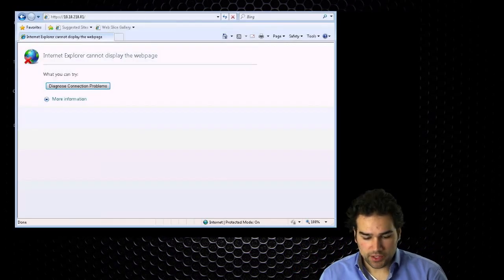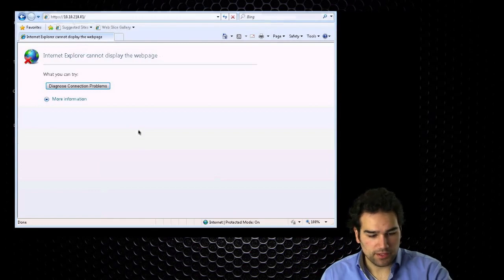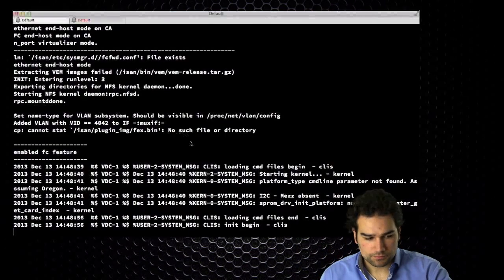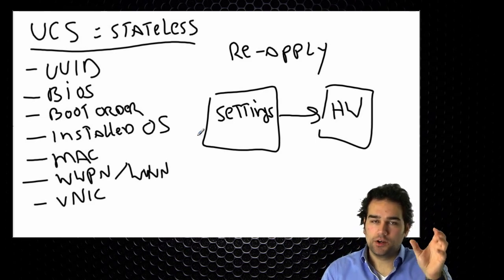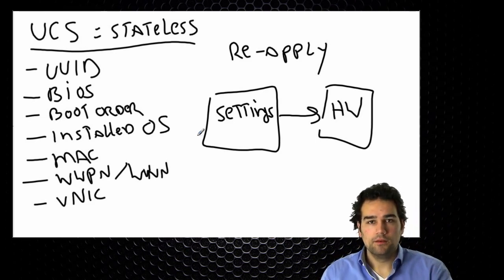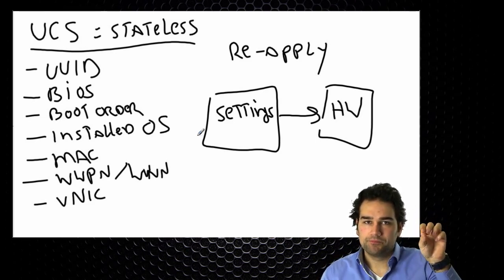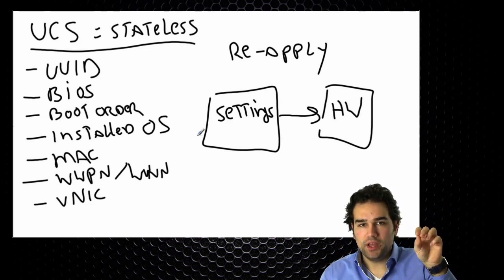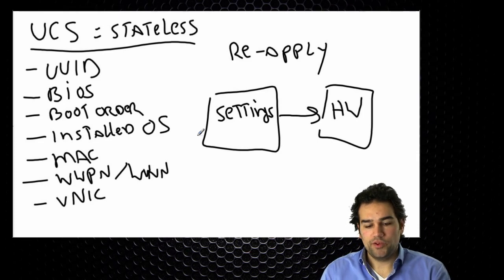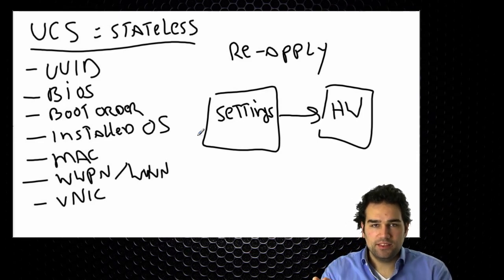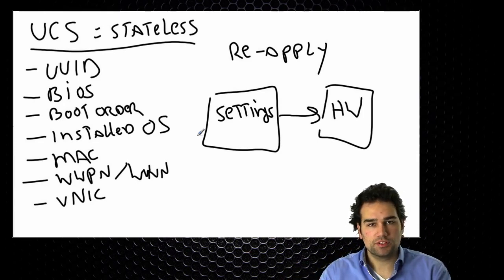So if you take a look at your equipment tab, that's where I see just the hardware components. If I click on a server, I cannot do any changes on any of the settings. If I do not specify anything in the UCS Manager, I cannot power on my servers.